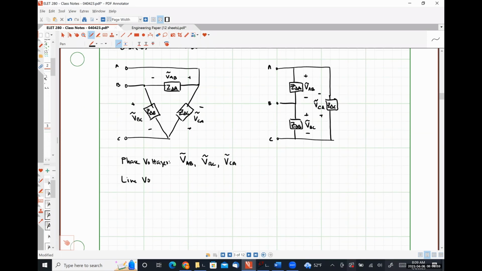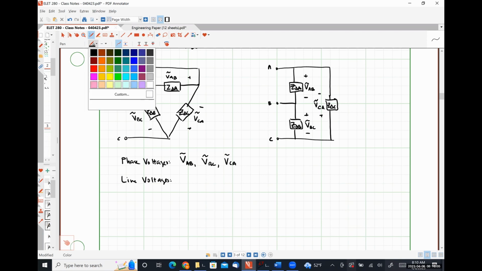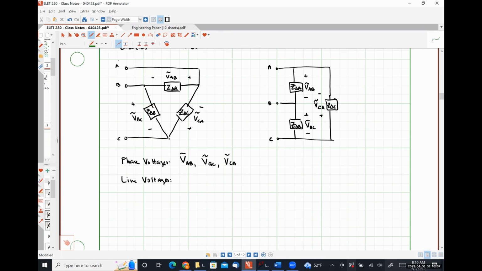What about our line voltages? Recall that a line voltage by definition is the voltage drop measured between two transmission line terminals. Exact same thing, right? So VAB, VBC, and VCA.